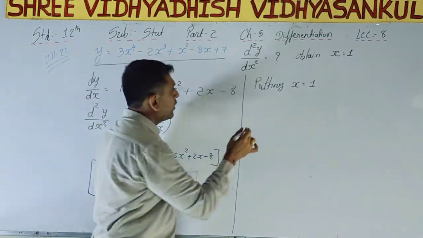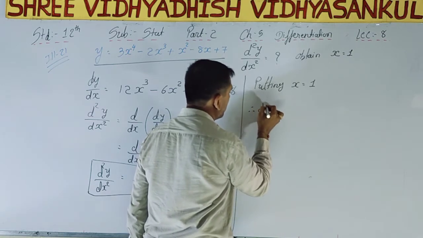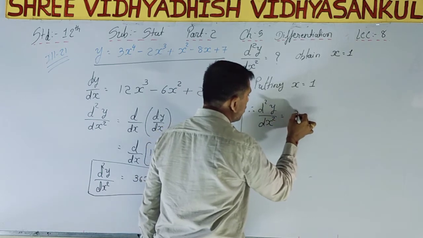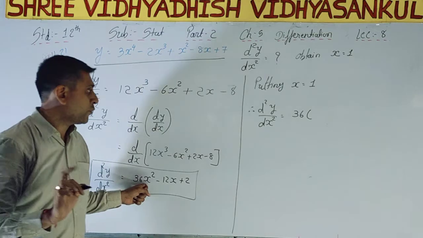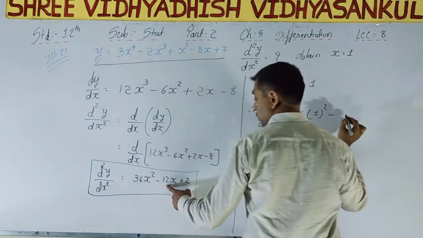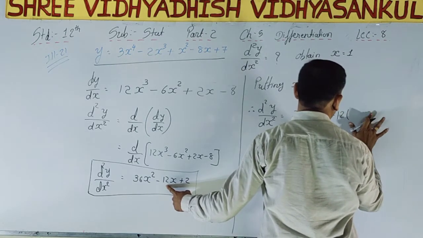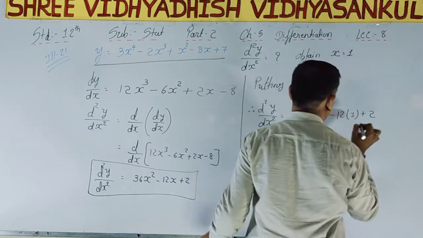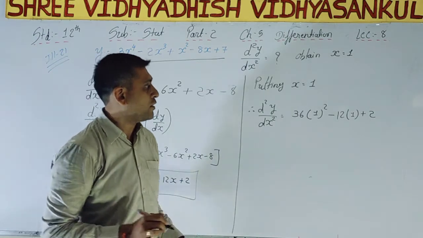So d square y upon dx square is equal to 36, and wherever there is x we have to write 1. 1 square, minus 12 into 1, plus 2. 36 into 1 square minus 12 into 1 plus 2.